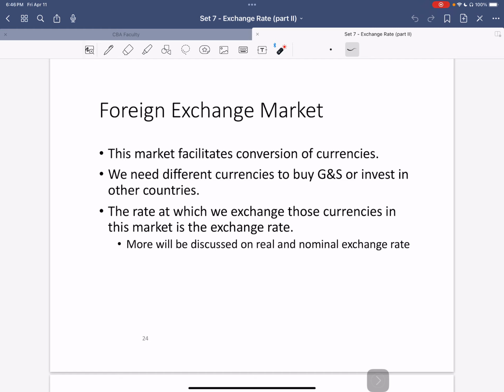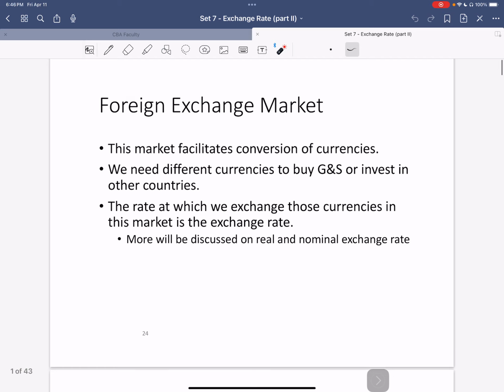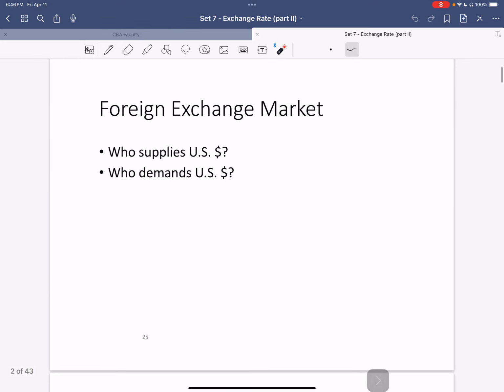We will talk more about that because there are real and nominal exchange rates, and we're going to distinguish between those two. But first, let's see what the foreign exchange market is, and for that, we're going to start with just the US dollar market.